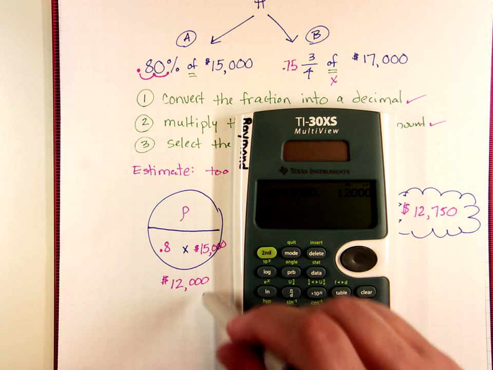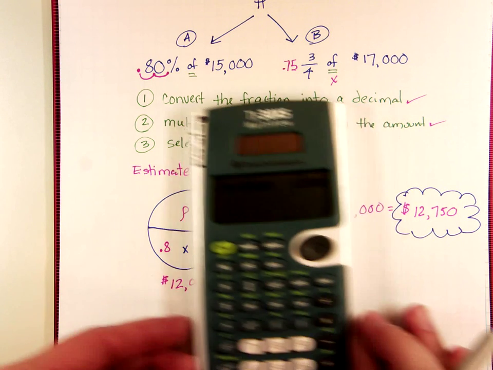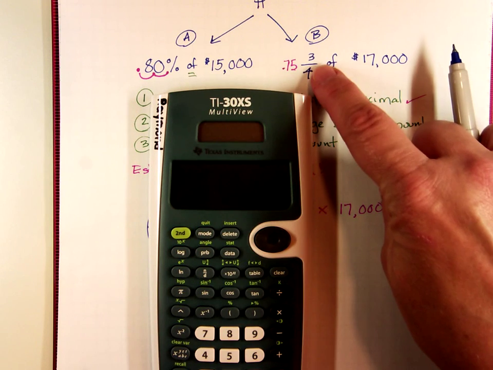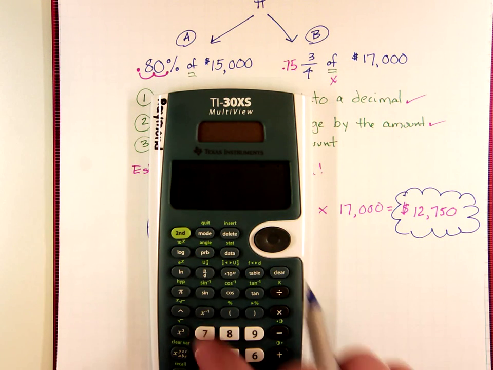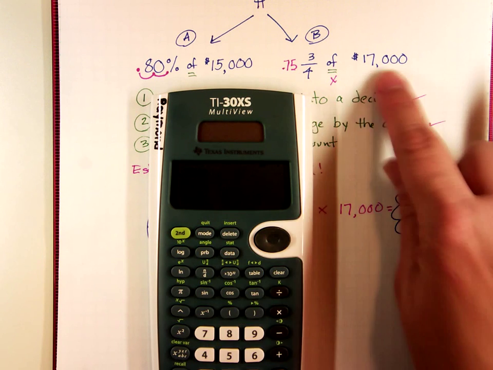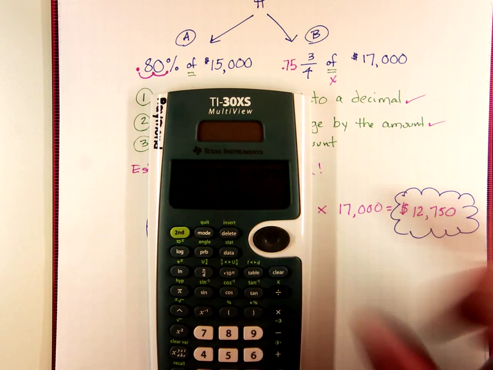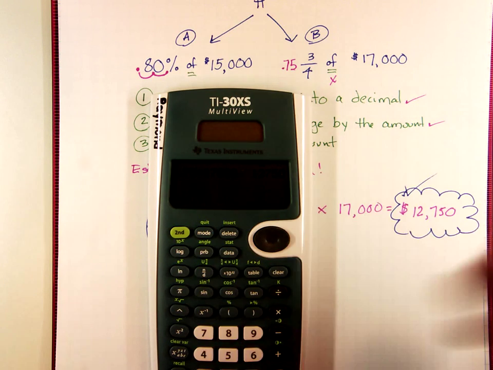Check. Now let's do the other one. 3/4 is 0.75. 0.75 times 17,000, 12,750. Check.